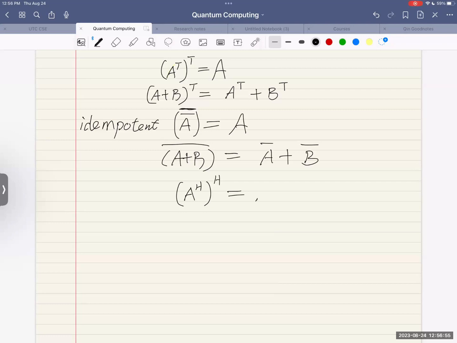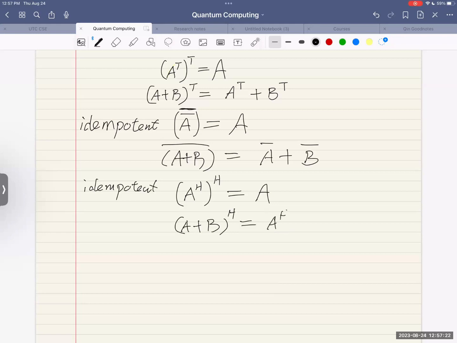Again it's called idempotent. Thank you, I need to practice pronouncing it. And for A plus B conjugate transpose, we have what?